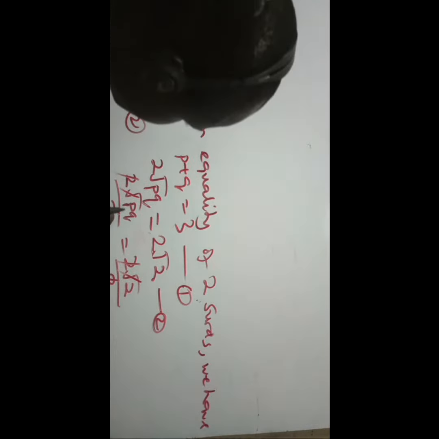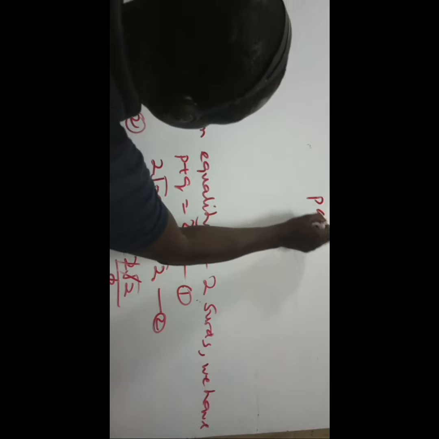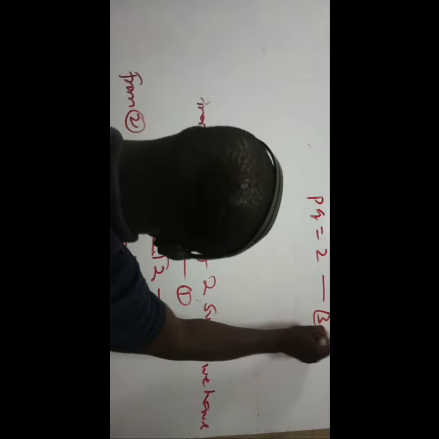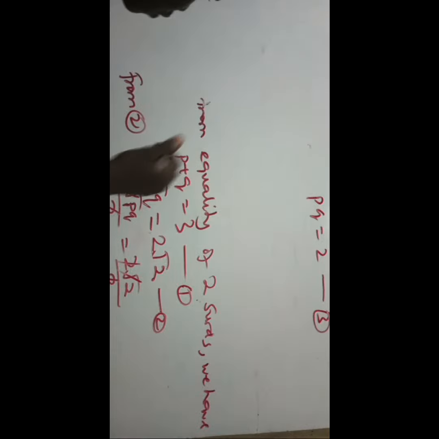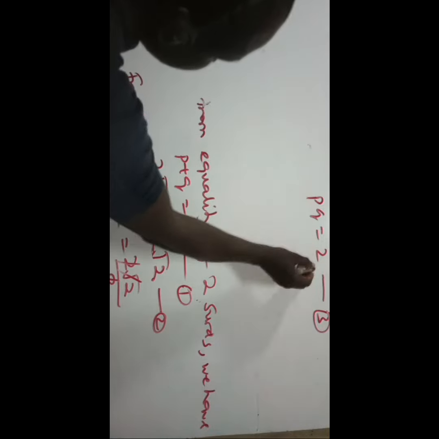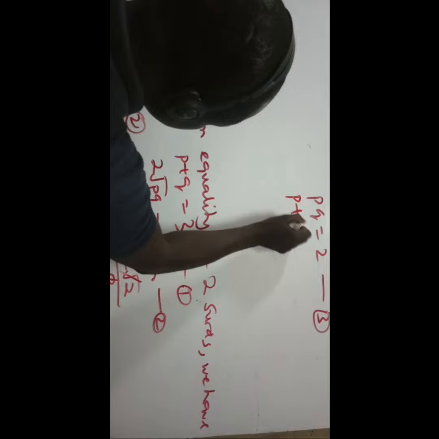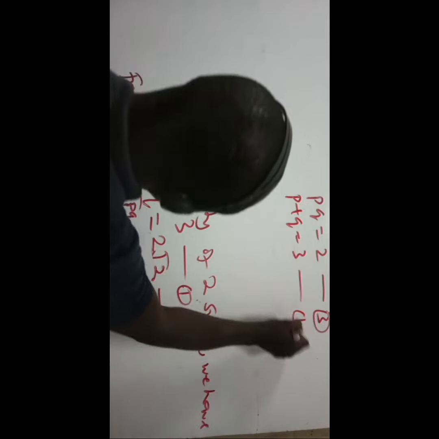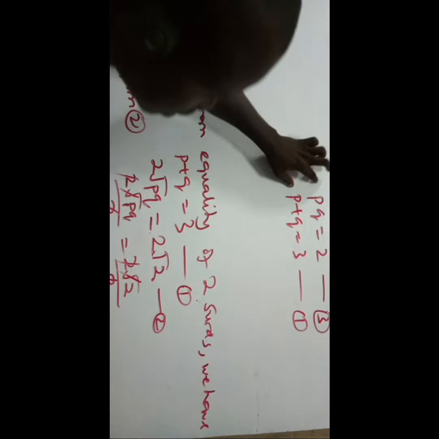We now have pq equal to 2. Let's call that equation 3. So there are two equations now: pq equal to 2 and p plus q equal to 3, equation 1. So there are two equations with two variables. Of course, we can only solve this using simultaneous equations, because the two equations are simultaneous, two equations with two variables.